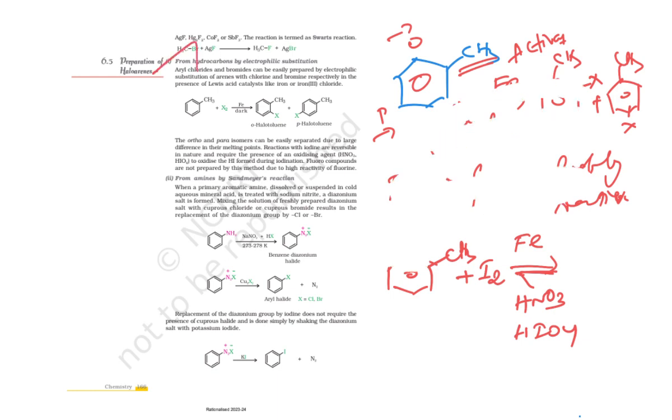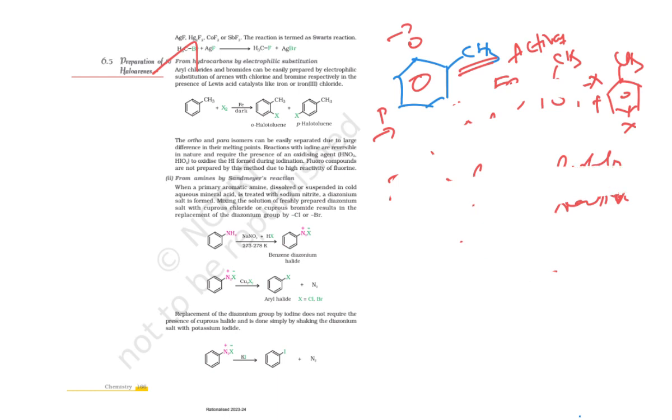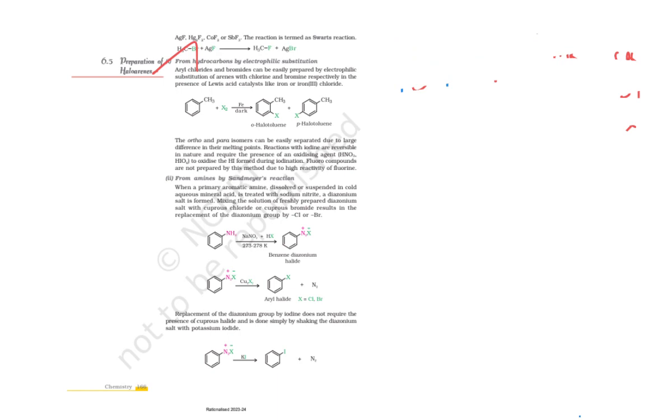When it comes to the second method, we make haloarenes from aniline. What is aniline? Benzene, if it is connected with NH2, then we call it aniline.